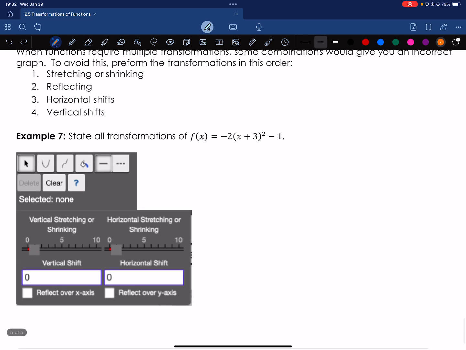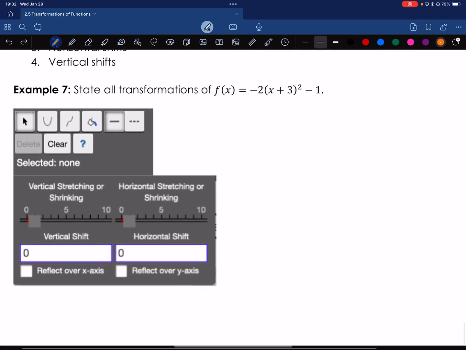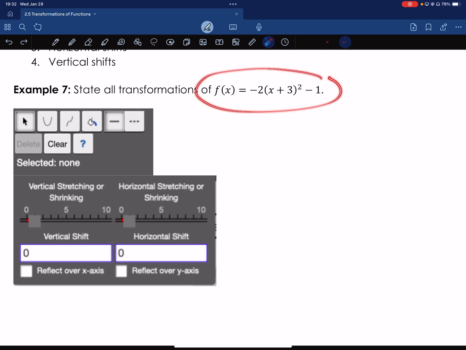But if you get this question and these pop up, I want to make sure that you know where all of these buttons and clicking goes. So I'm going to show you this. So this right here is our function. The parent function, because there's a squared, is the quadratic, which means you're using this graph or that feature right there. Again, make sure you have the solid line.